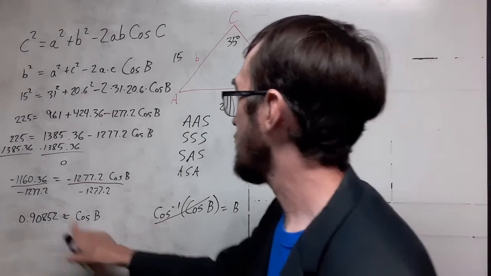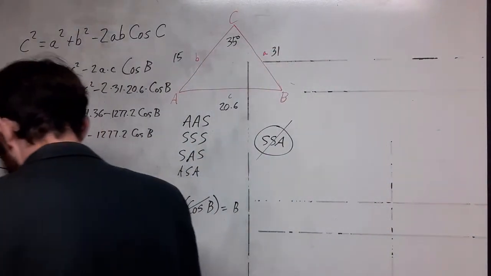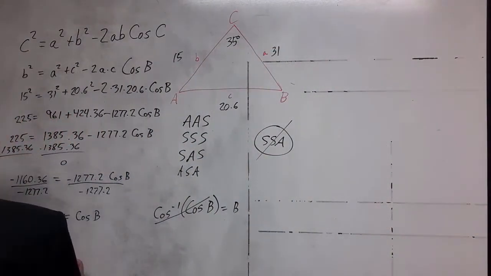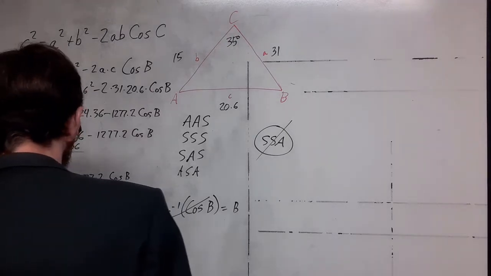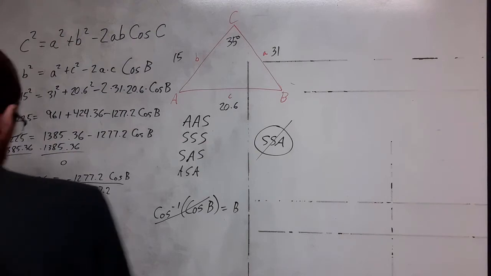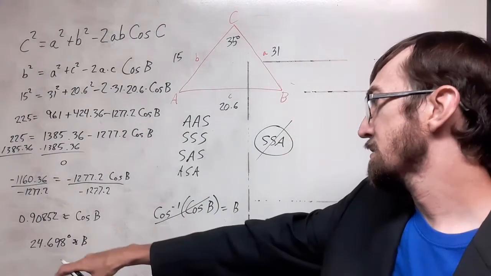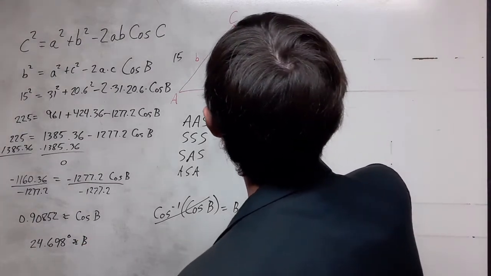So we're going to take the arc cosine of both sides. That gives us approximately 24.7 degrees over here.